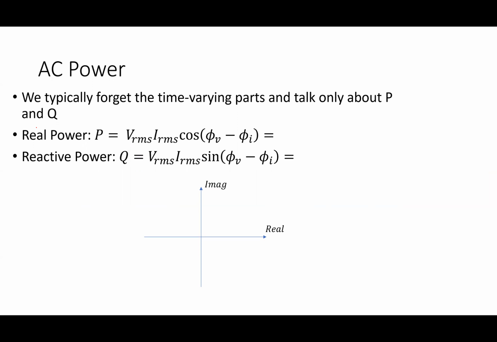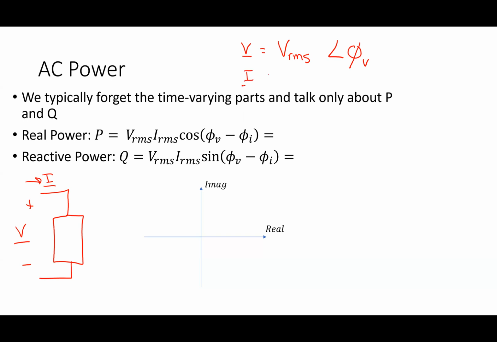Now, I say cosine of phi V minus phi I. Just to be clear, I'm talking about a load with this setup. Here's V, here's I. V is VRMS with an angle of phi V, and I is IRMS with an angle of phi I.